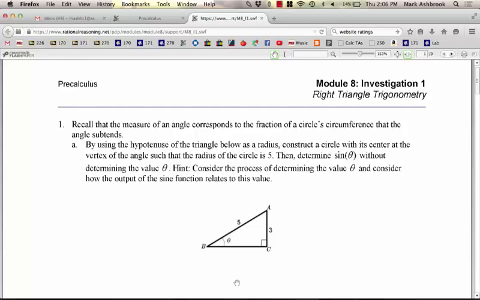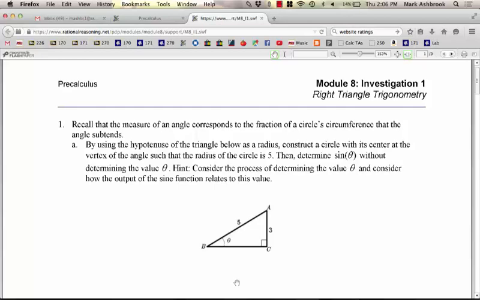Okay? And then you're going to be setting up exact expressions for sine, cosine, or whatever they ask for, without finding the angle. This is the whole point. If we have those lengths, like we've been doing earlier in class, we can express sine, cosine, and tangent through their meanings.